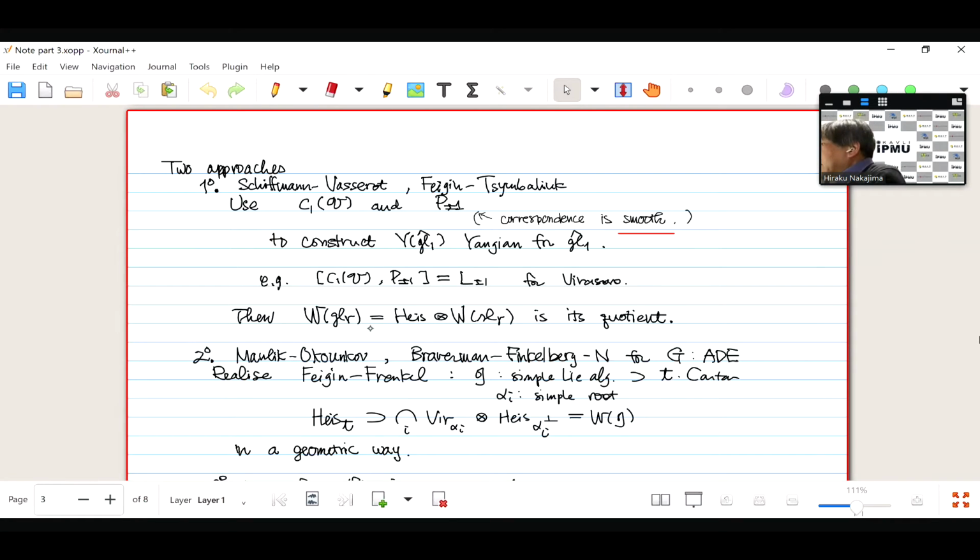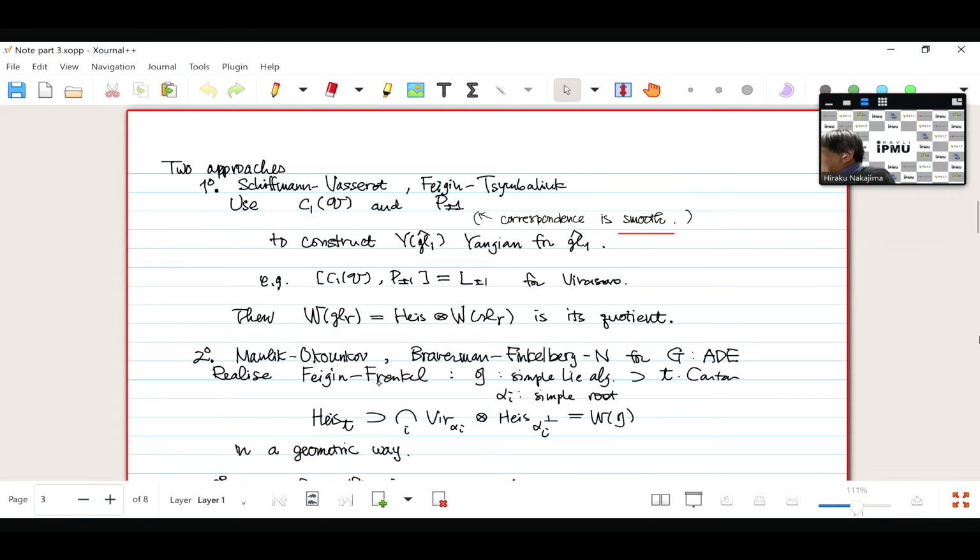Also, I should say that in general the double algebra has no workable presentation by generators and relations. So you must use some way of understanding the double algebra which can be realized in geometry.